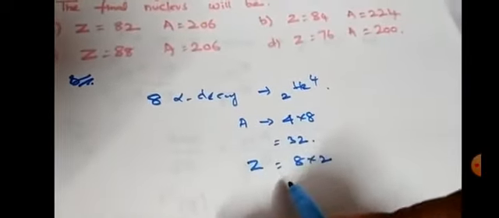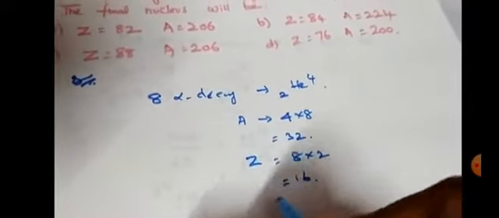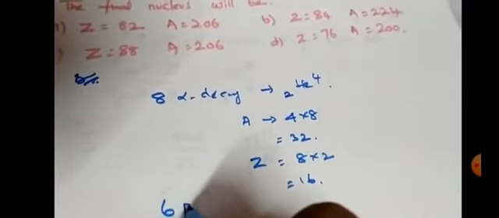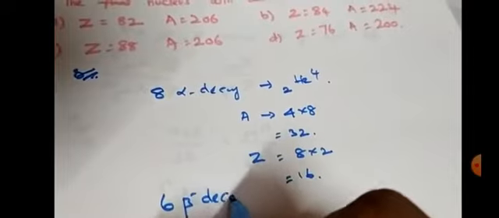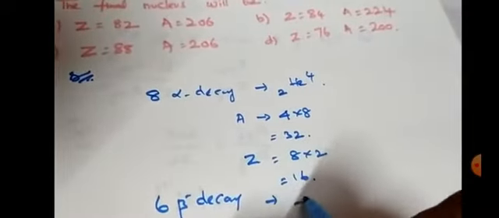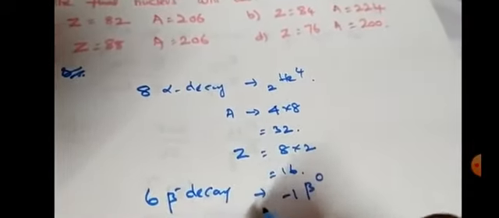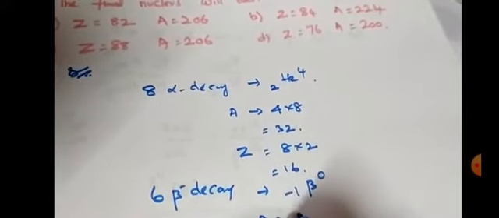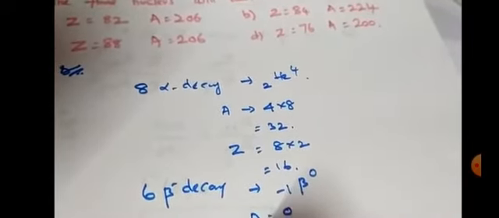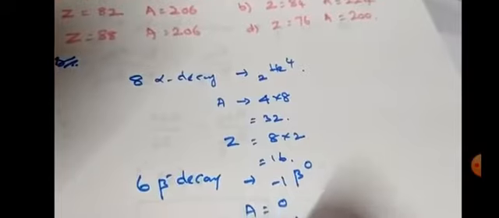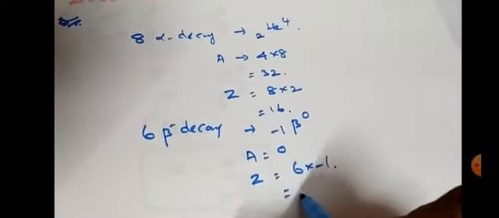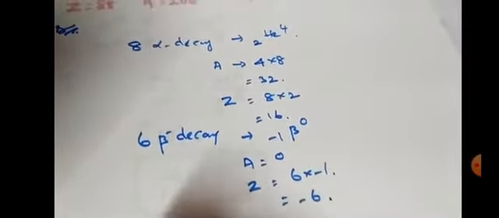That is 16. And then there are 6 beta decay particles, so minus 1 beta 0. So there is no change in mass number, A is equal to 0, whereas for Z, it is 6 into minus 1, which is equal to minus 6.